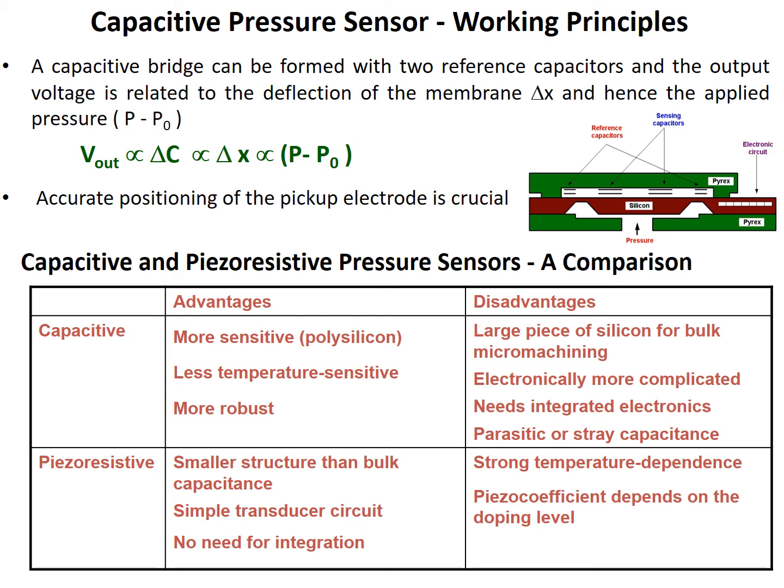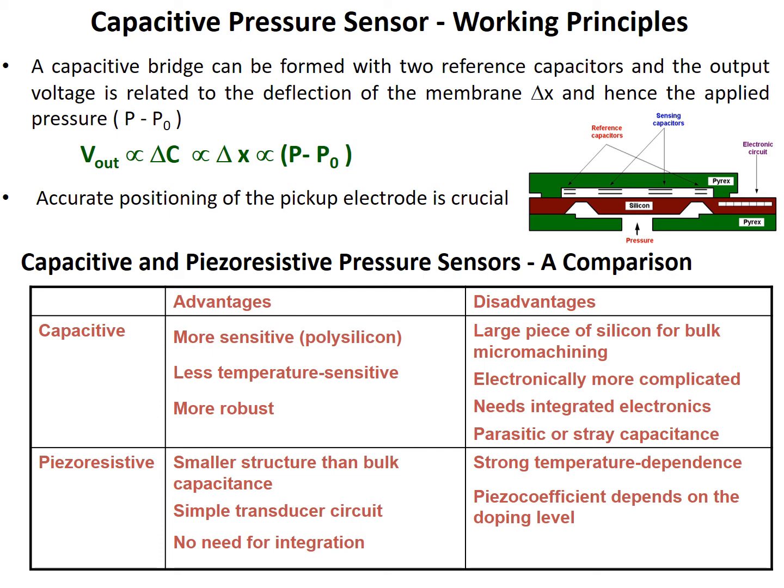But still, we have told previously also that if we use some full bridge configuration, then the temperature sensitivity we can reduce, right? Okay. Another important disadvantage is that the piezo coefficient depends on the doping level. So these are the relative advantages and disadvantages of the capacitive and piezo-resistive type pressure sensors.